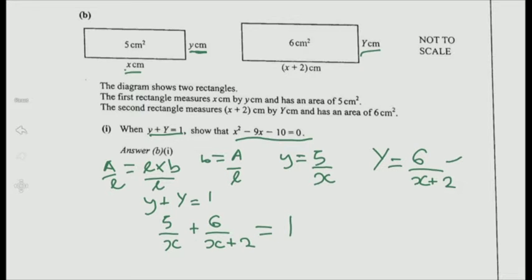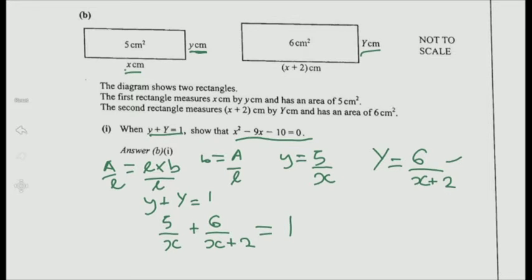So how can you reduce this fractional equation to get that quadratic equation there? Reducing this, you should be able to multiply by the LCM of the denominators.